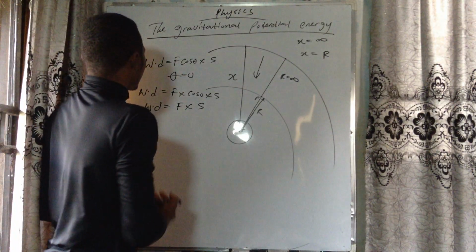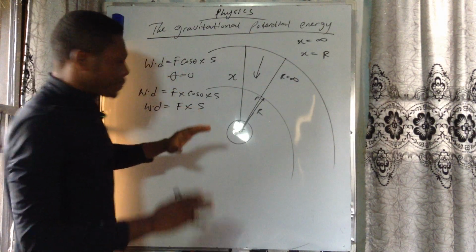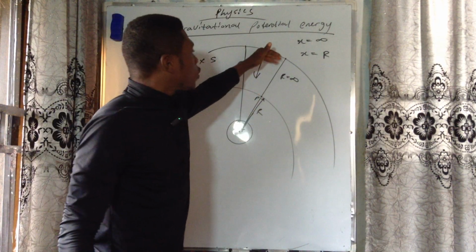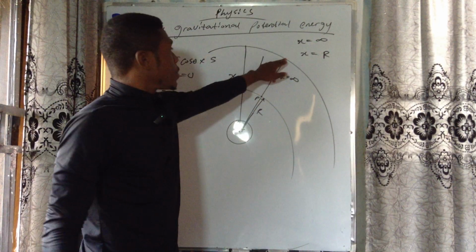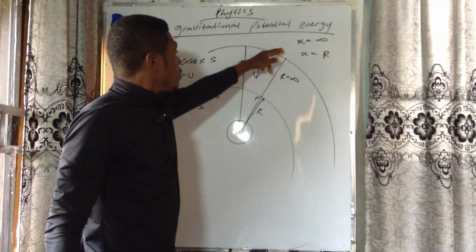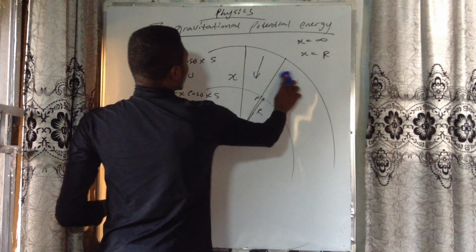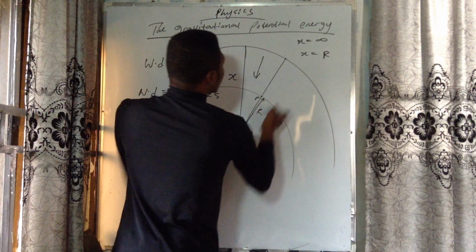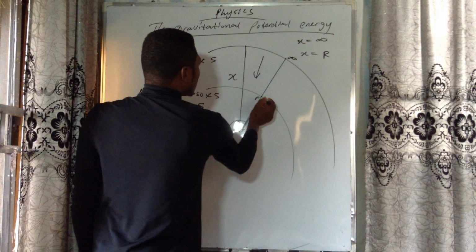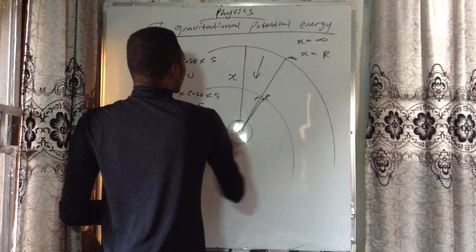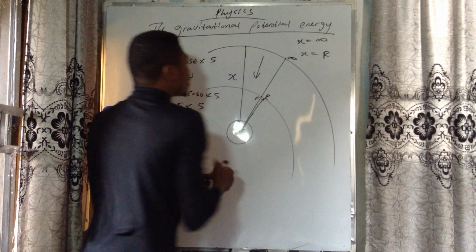So from here, we add up all the work done from this point at infinity to this point, that is from X equals infinity to X equals r. This is the infinity point and this is point r. We consider the work done from infinity to here, that is, we sum them up.